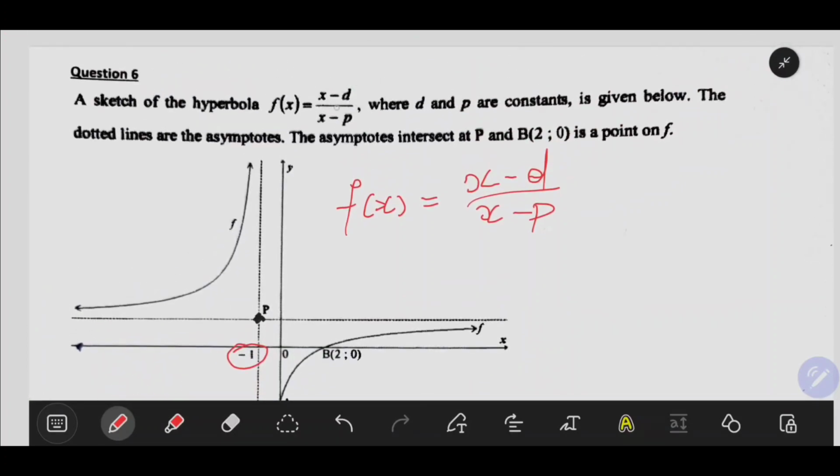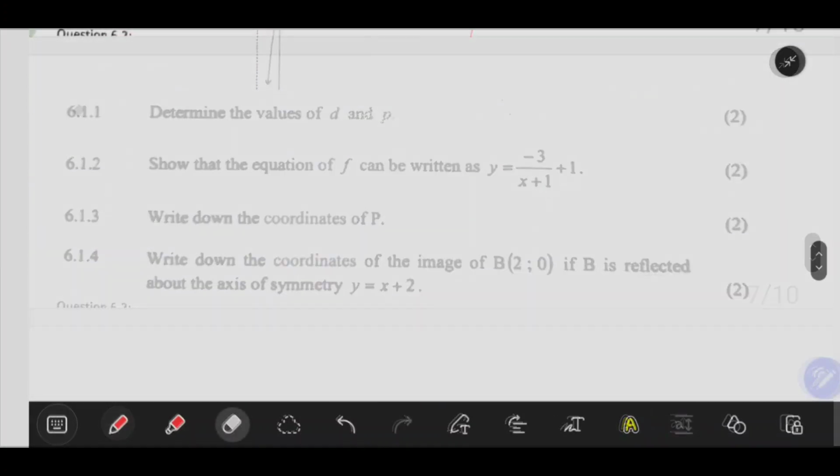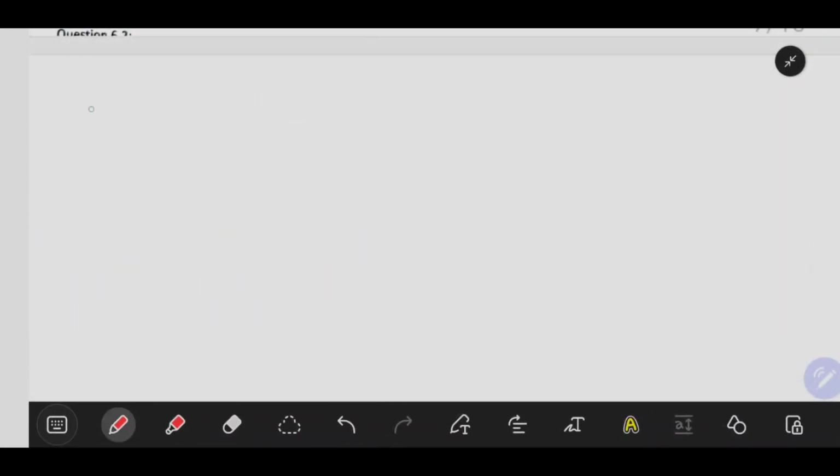To find the value of d, we can use this point on this graph, which is point B, and substitute it to find the value of d. So now we have f of x equals x minus d divided by x minus p.